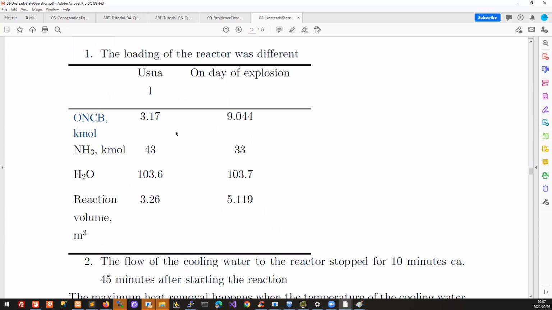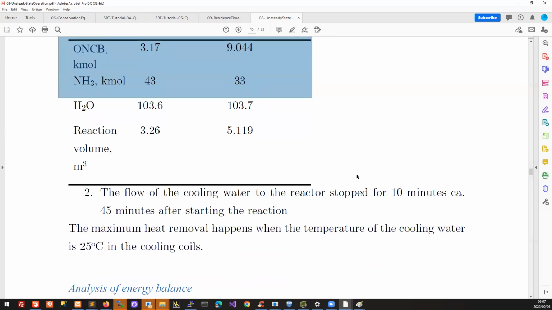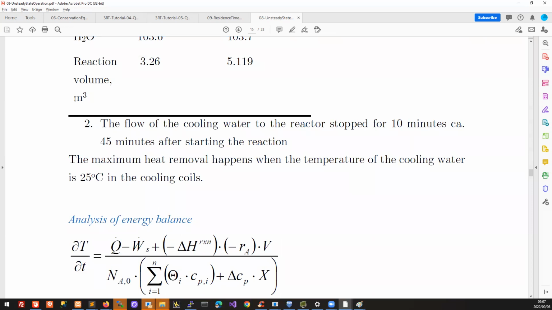And what happened in addition was that the volume of the reactor was larger. So you had an unusually high loading of reactant. Because you had a high concentration of reactant, there was an unusually high rate.